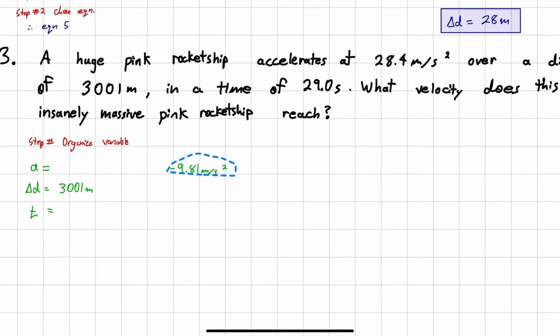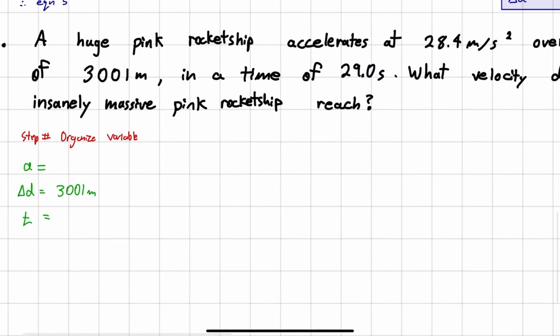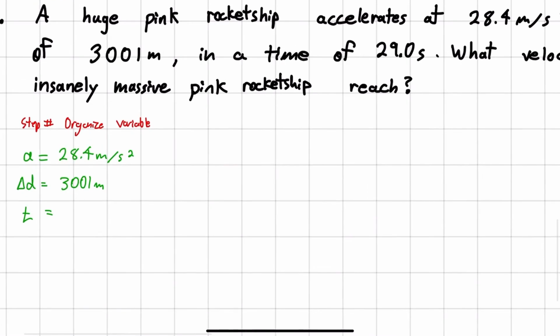The acceleration was not negative 9.81 meters per second squared. We actually are given an acceleration. I should have caught that earlier. That was my mistake. We were given an acceleration in the question because our rocket ship is accelerating upwards. My apologies there. So that's been fixed.